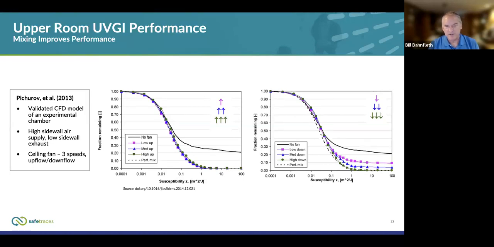There have been a number of studies that have looked at what happens when you either have a fan or don't have a fan in a space that has an upper room UV system. And this research that I'm showing here on this slide by Picharoff et al. compared both CFD modeling and chamber experiments, and what we see in both of these figures is that whether it's upward flow or downward flow from the ceiling fan, there's a significant reduction in the amount of contamination when the fan is operating compared to when there's no fan.